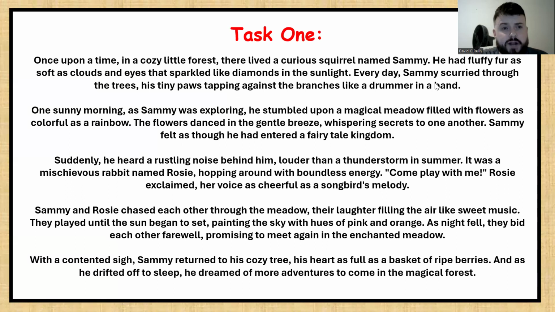Okay, this is task 1. So I might be covering the screen, so let me hide my camera. Okay, so in this task, we have a story, okay? And throughout the whole story, there are different types of figurative language.